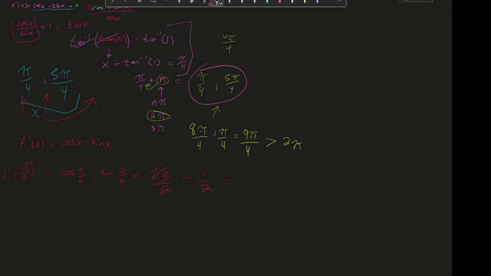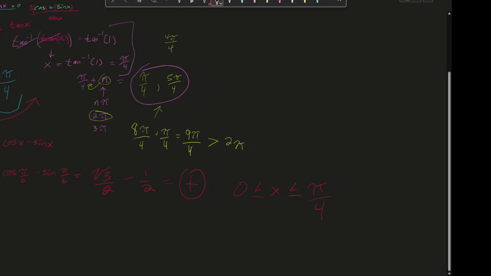Square root of 3 is going to be greater than 1, so this is going to come out positive. So between 0 and pi over 4, your original function f of x is going to be increasing.